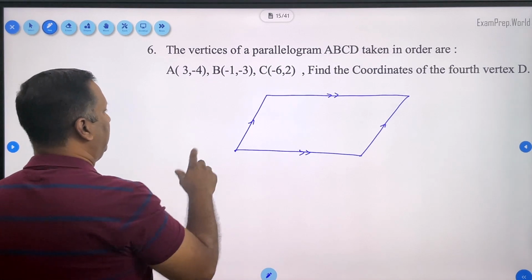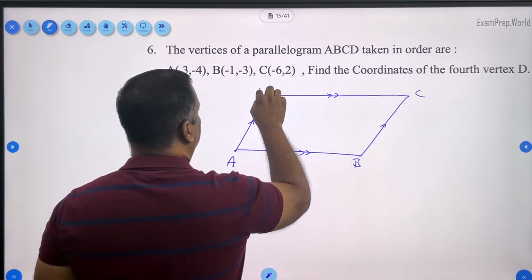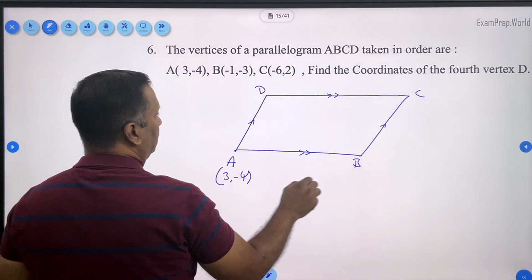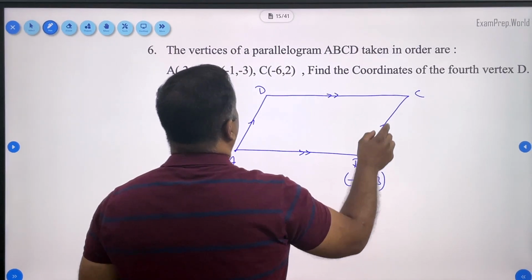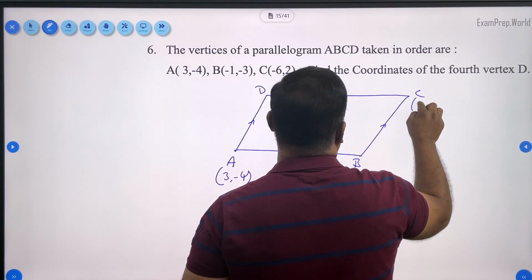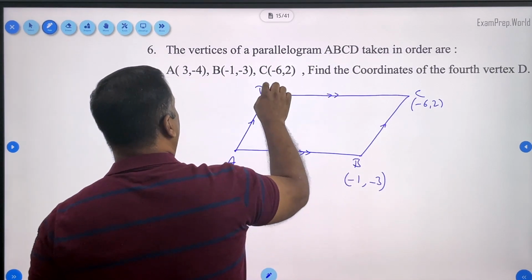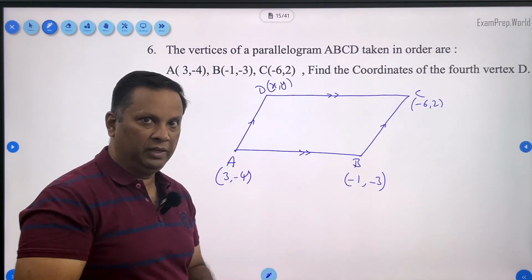Now let's write ABCD. A is (3, -4), B is (-1, -3), C is (-6, 2), and D we don't know, so we will keep it as (x, y). Whatever we don't know, we have written as x, y.